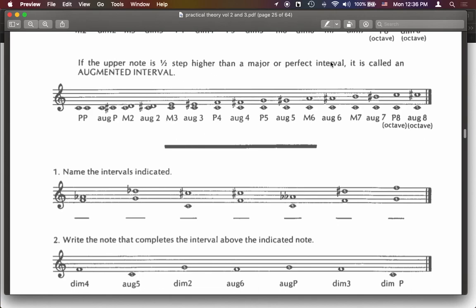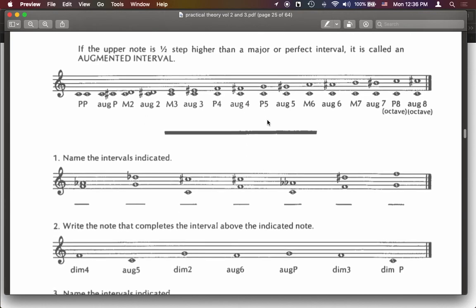If it's a half step higher than a major, you're going to have an augmented. You're going to make it bigger. So, perfect prime, and then if you go from do to do sharp, that's an augmented prime. I know, it gets a little crazy.